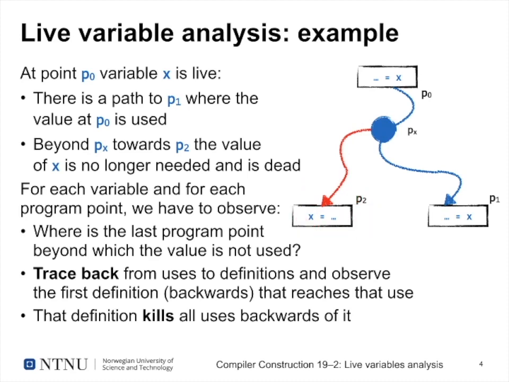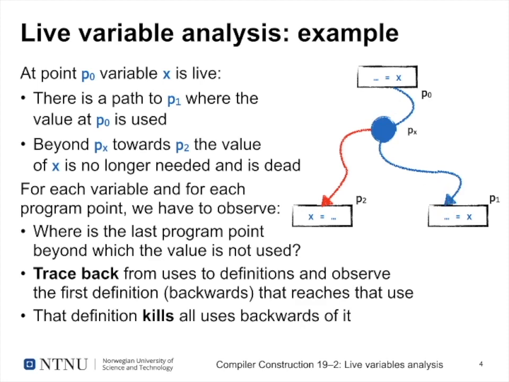So beyond px on the path towards p2, our value of x is no longer needed, so our value of x is dead here. For live variable analysis, we have to observe for each variable and for each program point where is the last program point beyond which the value is not used.